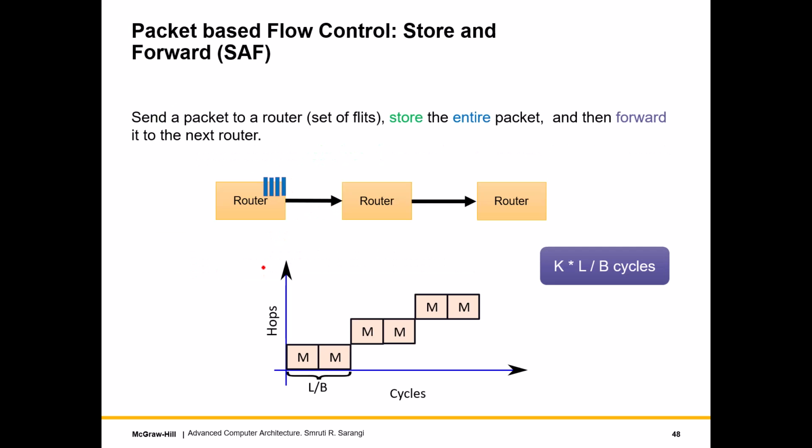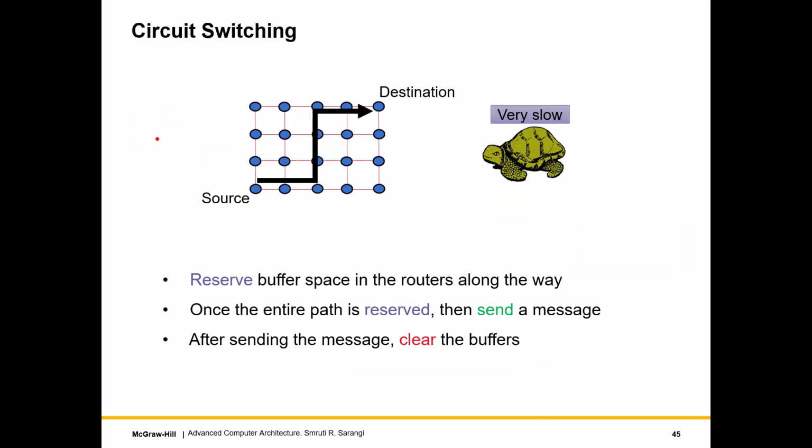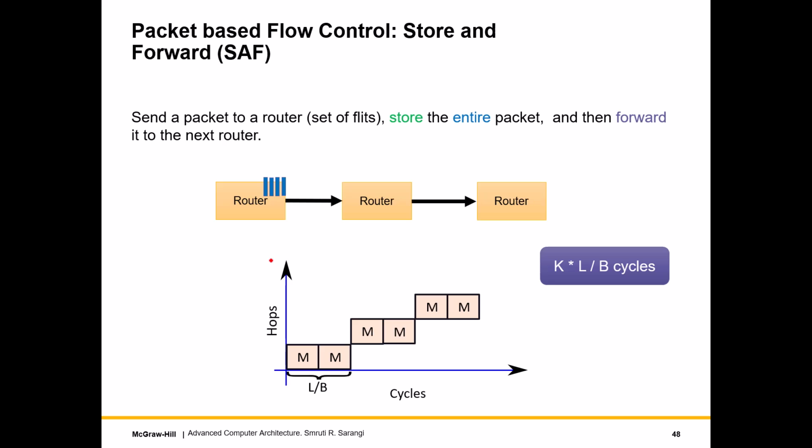So what we can instead do is look at packet-based flow control, which is the store and forward approach. The earlier case, incidentally, was called circuit switching, where we are reserving space for the entire circuit, which is the route from the source to the destination. We were doing things at the message level.